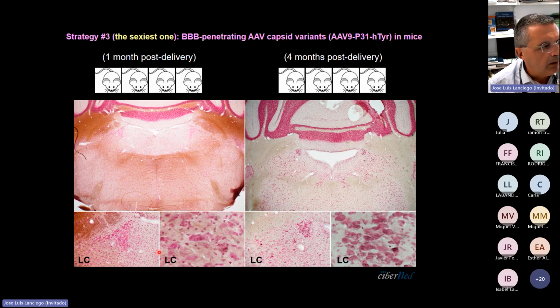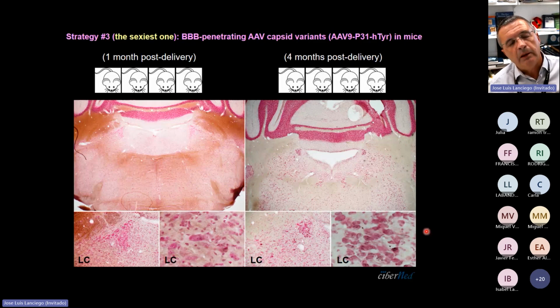There's not that much to see at the follow-up period of 1 month. You can see, for instance, just one single neuron, maybe 2, with a tiny amount of neuromelanin. I know it's hard to see. However, if you wait a little bit longer, I think you can now appreciate that there are a number of neurons here in the locus coeruleus that start to be pigmented.